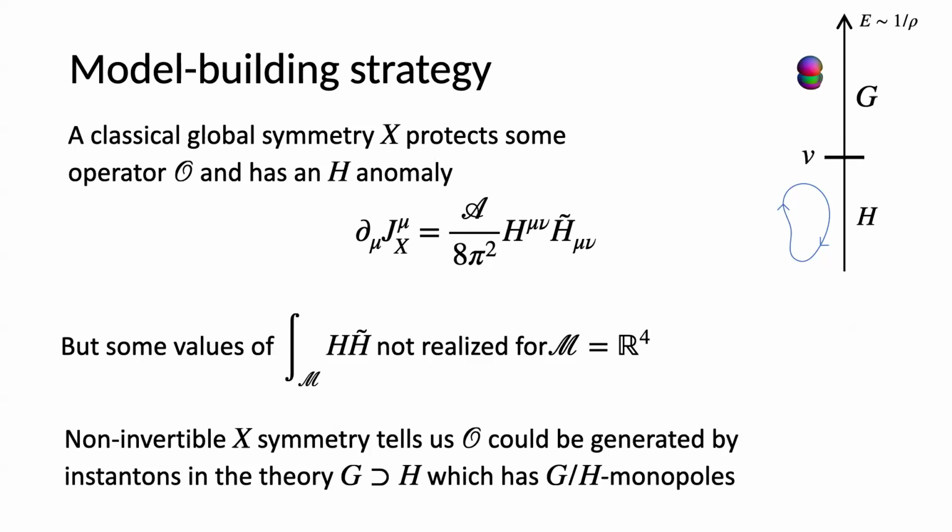And so the scenario is, if we have a classical global symmetry that protects an operator we care about, and this symmetry has an anomaly with the gauge group, but some values of the instanton charge that it can have on a general manifold, say, are not actually realized on R4, then what we learn by finding X is actually a non-invertible symmetry is that this operator can be generated by instantons in a UV theory that introduces the right sorts of models.